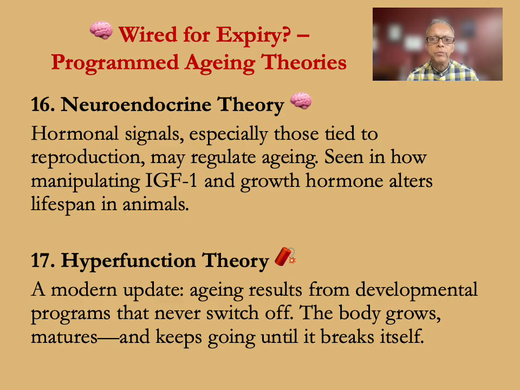Hormonal signals, especially those tied to reproduction, may regulate aging, seen in how manipulating IGF-1 and growth hormone alters lifespan in animals. The 17th theory is the hyperfunction theory, a modern update. Aging results from developmental programs that never switch off. The body grows, matures, and keeps going until it breaks itself.